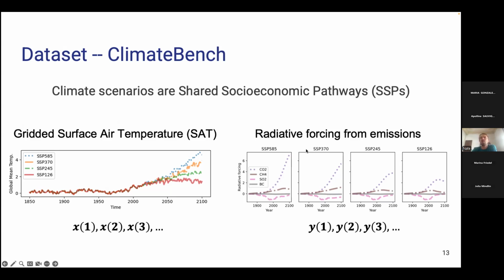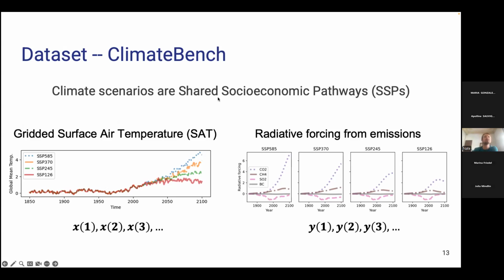What we actually do is, from the Climate Bench data set, which has some gridded information for these different modalities, we compute a radiative forcing measurement. Here we're just visualizing the radiative forcing for each of these scenarios. You can see the magnitude of the radiative forcing from each of these agents is higher under higher emission scenarios and lower under lower emission scenarios.